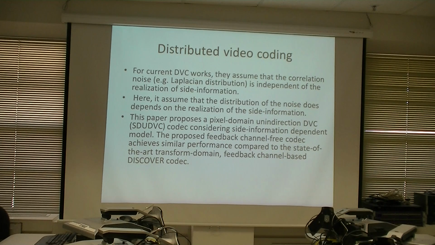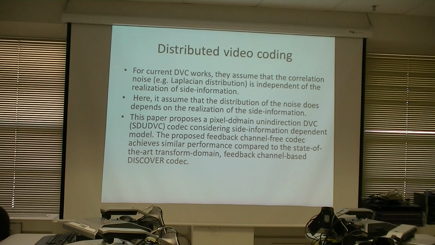And current distributed video coding works with both pixel domain and transform domain. They all assume that the correlation noise is independent of the realization of side information. In contrast to the current DVC work, this paper assumes that the distribution of the noise does depend on the realization of side information.